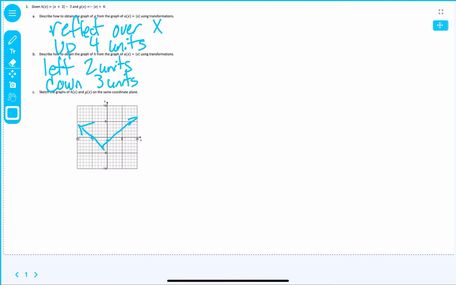Okay? Now, we got to do g of x. G of x, what is the y-intercept? 4. So 0, 4. Because we don't have any type of horizontal shift, so we can just plot it. Now, let's plug in negative 5, and what do we get?